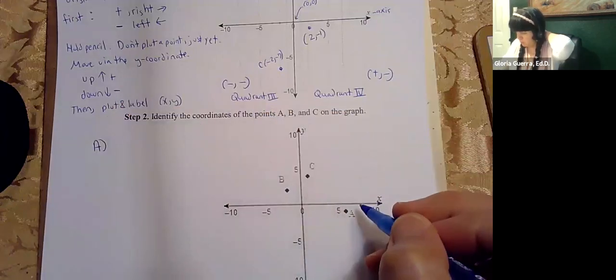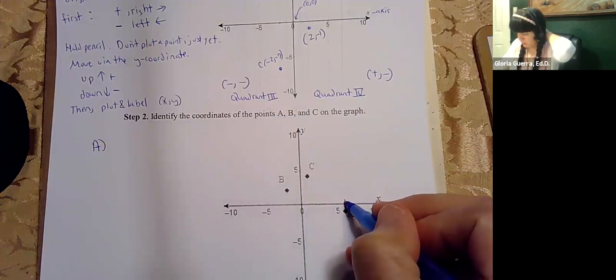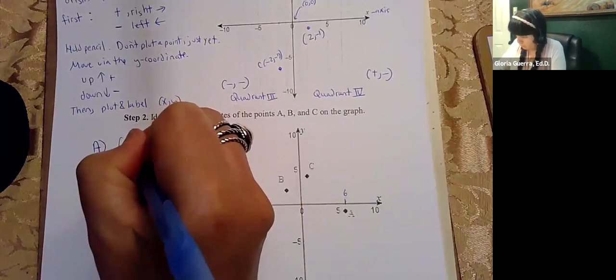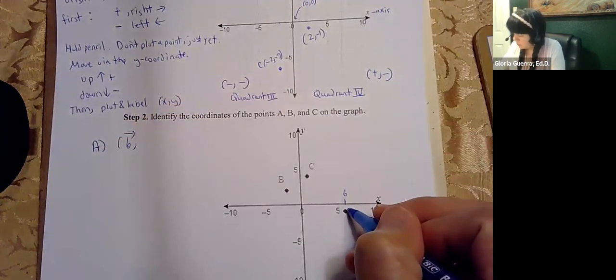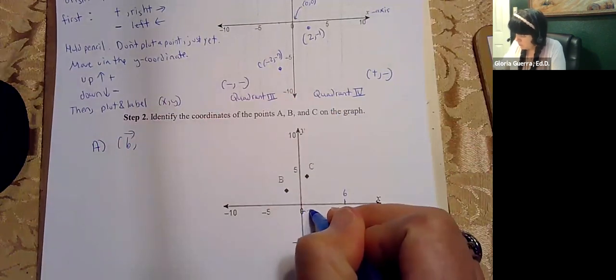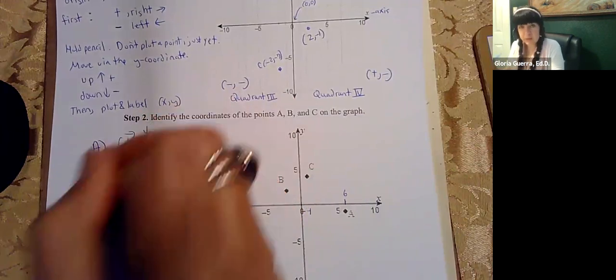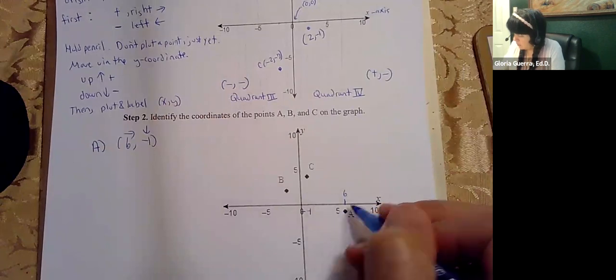A would start at the origin. You have to go right, which happens to be 6, and then you went down about 1. Down -1. Went to the right and down. So that's your A.